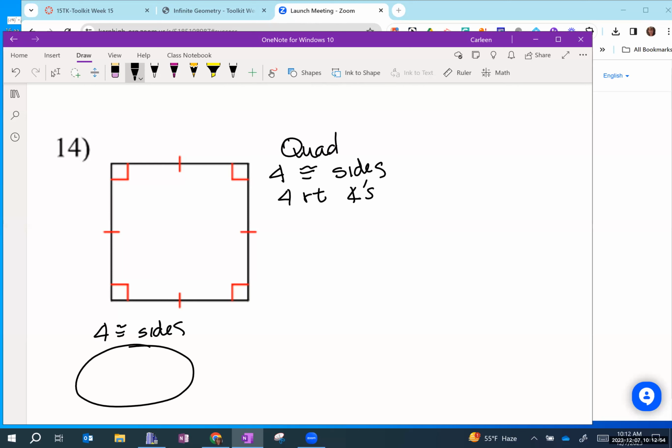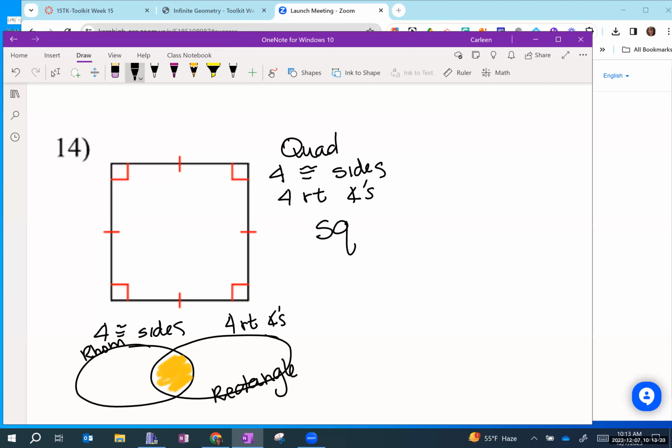A quadrilateral with 4 congruent sides is a rhombus. 4 right angles is a rectangle. Now, what is it if it has 4 congruent sides and 4 right angles? One of those is right. It is a square.